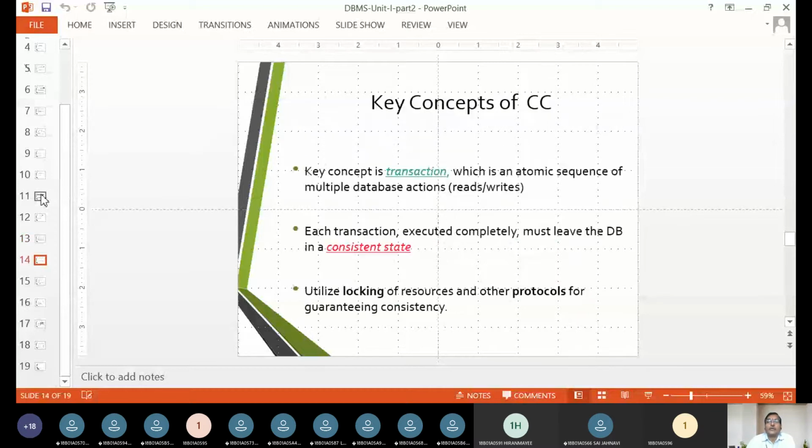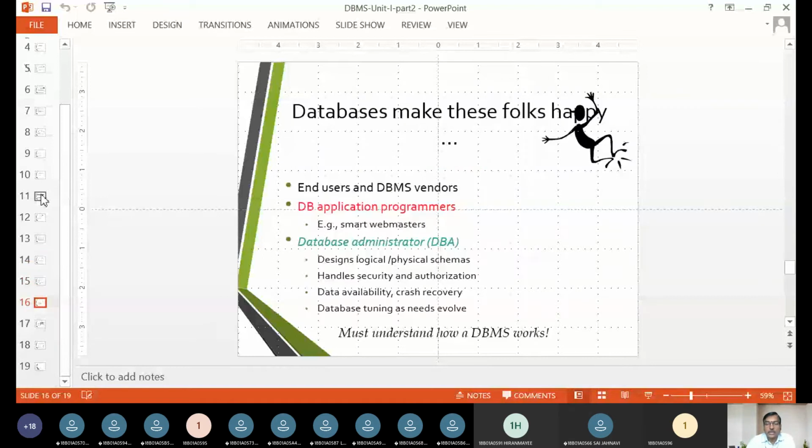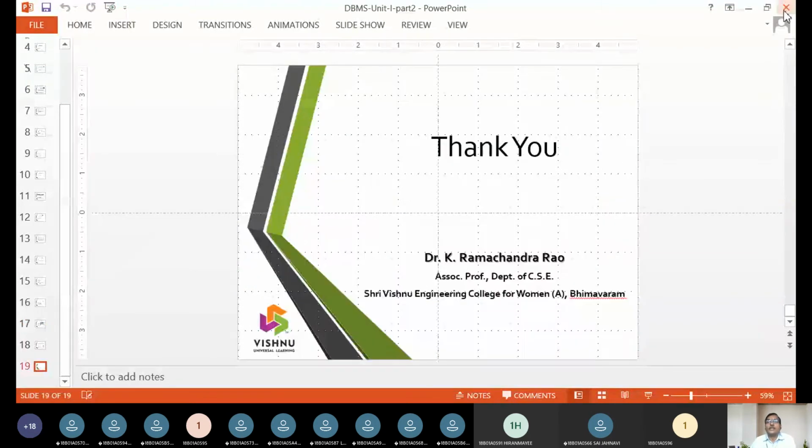Thereby we talked about ACID properties to see that a crash doesn't happen. Just now we talked about the structure of a database management system, which can be taken up with the query evaluation engine, followed by relational operations, buffer management, and storage space. That is what we covered in the second PPT.